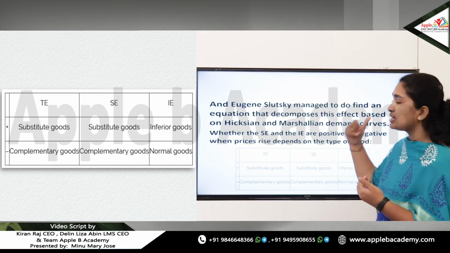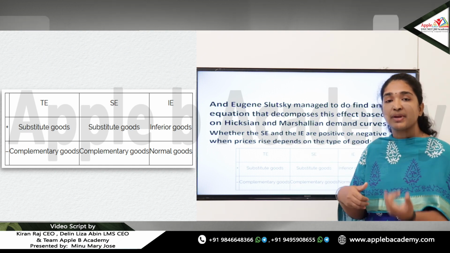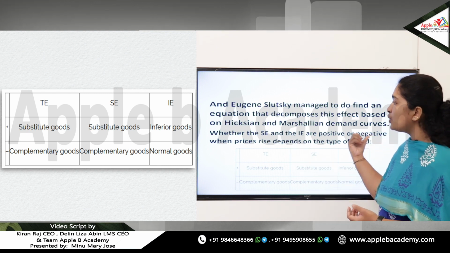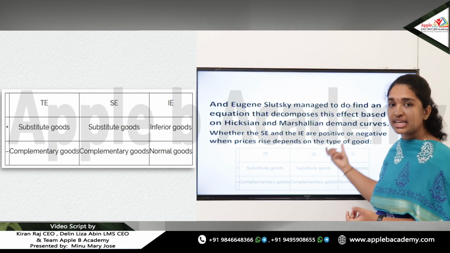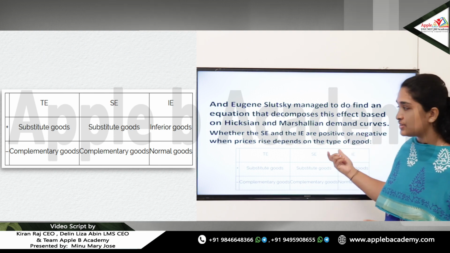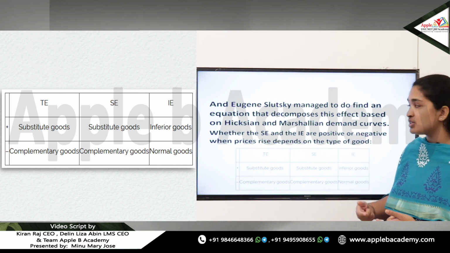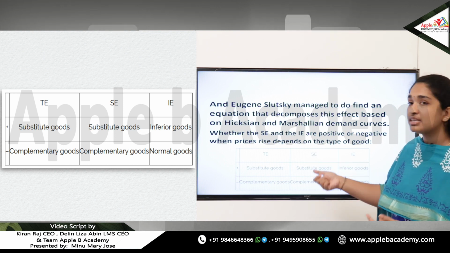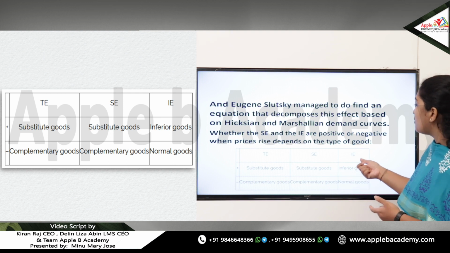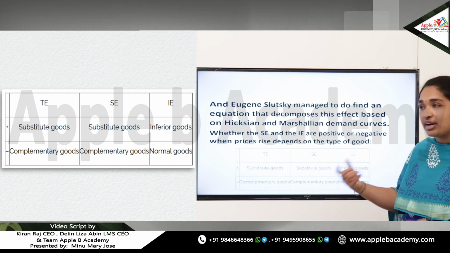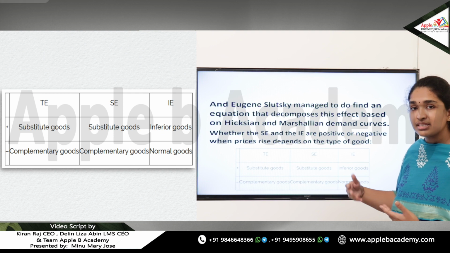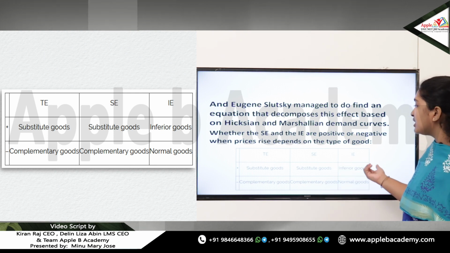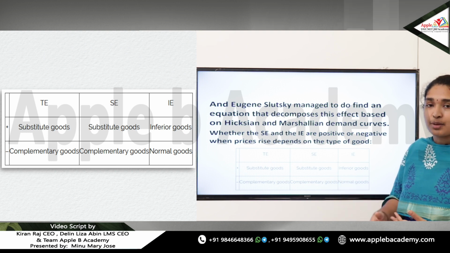That means he used his theory or idea to explain the indifference curve analysis as well as the law of demand. He used both ideas to explain the Hicksian as well as the Marshallian demand curves. One of the important points that we have to remember is whether the substitution effect or the income effect is positive or negative when prices rise. It can be either a price rise or a price fall, depending on the type of commodity the person is choosing.